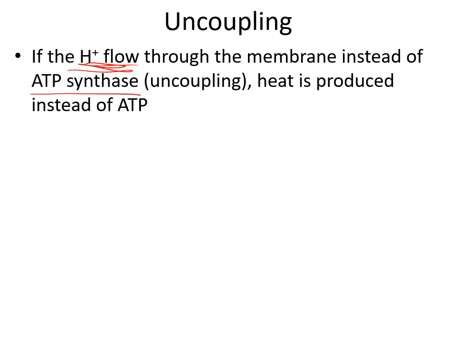In this process, we actually have special proteins that can short circuit the ATP synthase and bypass it and go directly back into the matrix. When this happens, heat is produced. Not unlike an electrical short circuit almost. So instead of running through ATP synthase, it runs through this other protein which doesn't really generate any ATP. It just allows the gradient to go back closer to equilibrium, and this makes heat.